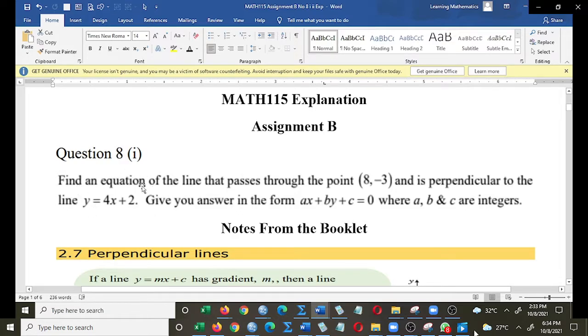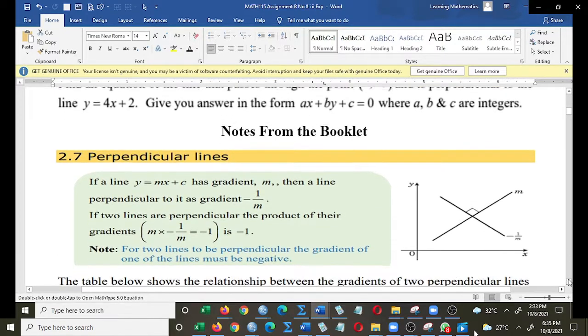They give us an equation, but what about the y in the equation they give us? Y is already the subject. Once y is already the subject, you can pluck out the gradient and the y-intercept. So in that assignment question, you can just pluck out your m1 right away, and then find your m2, the gradient that you want.